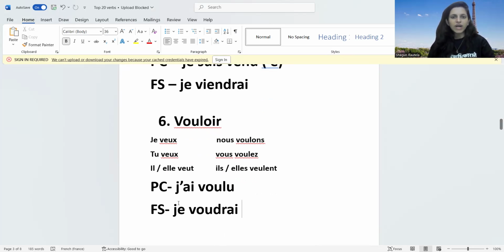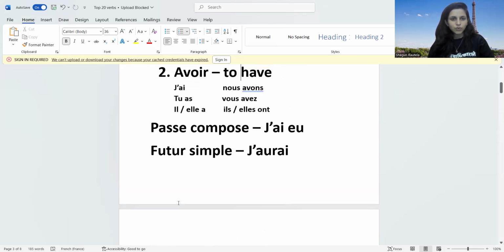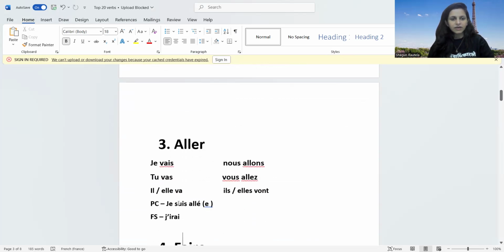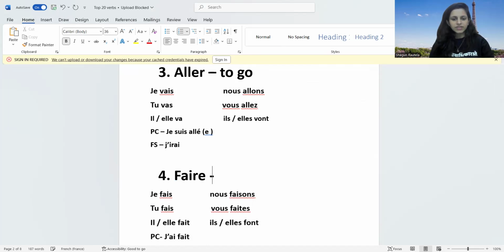So a good way to practice is when you are writing one verb, just write it down with the meanings. That reminds me that I've skipped the meanings of a few verbs, so I'll just get back and add them. Aller is to go. Faire is to do. I also used to do it in the same way. I used to write the verb first with the meaning, and then conjugate the same verb in all the tenses.